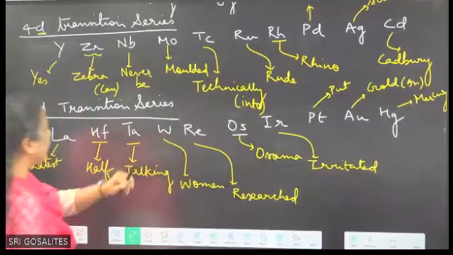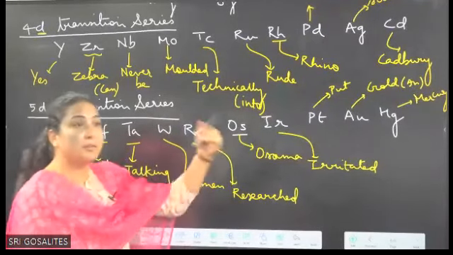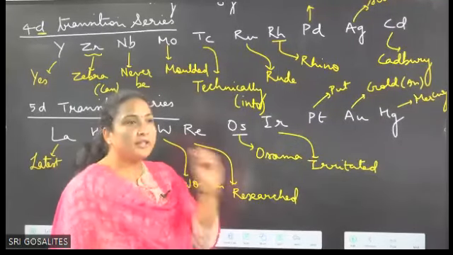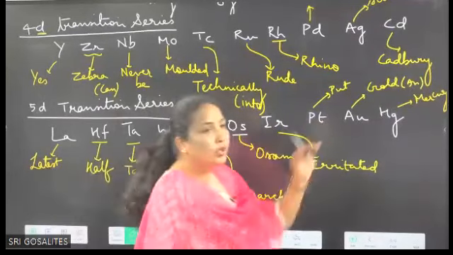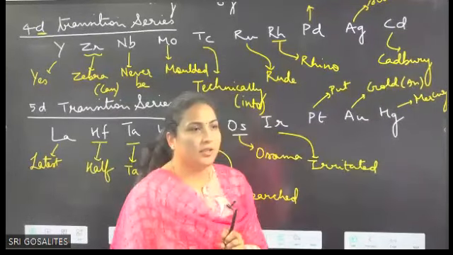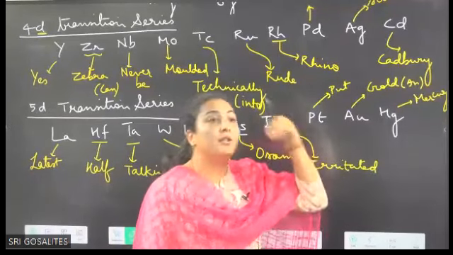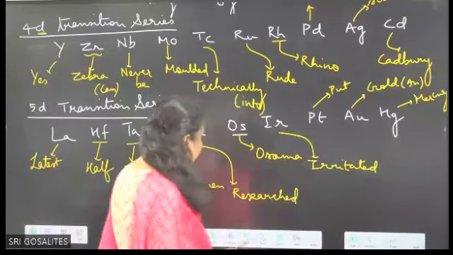Somebody told him that there is a latest half-talking woman who has been researched in a particular lab or something like that. So he got so irritated. What he did, he has put gold, a very costly element, in frustration into the mercury, right? Mercury is Hg. So I hope it is clear to you.